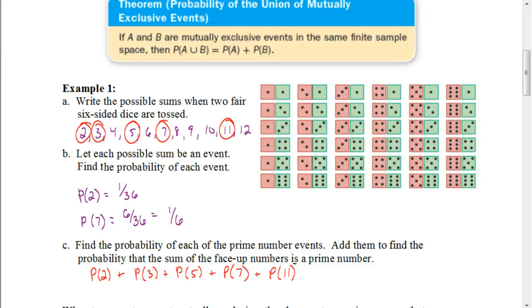So for the probability of getting a 2, we'll leave these in unreduced form. It'll be easier to add these all together, because remember, since we're going to be working with fractions, I have to have a common denominator. So the probability of getting a 2 would be 1 out of 36. The probability of getting a sum of 3, well, that happens 2 times out of 36.